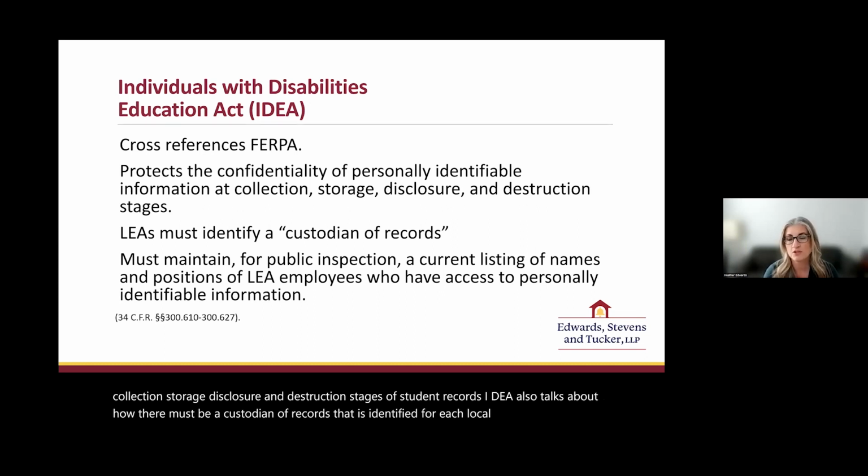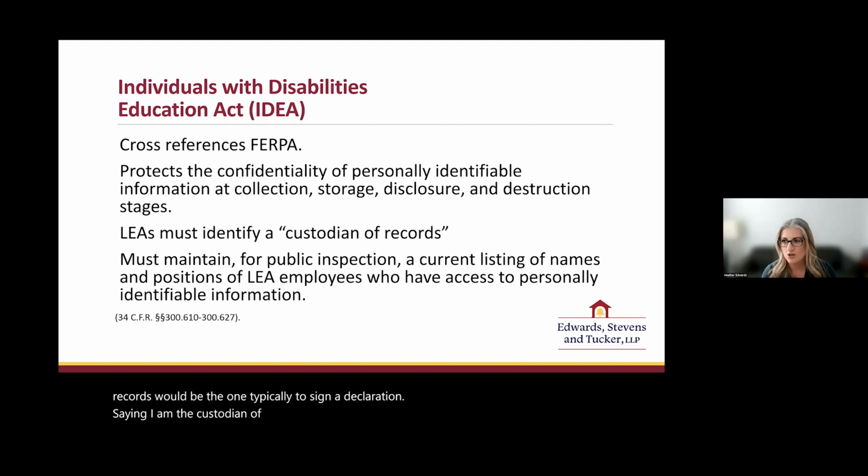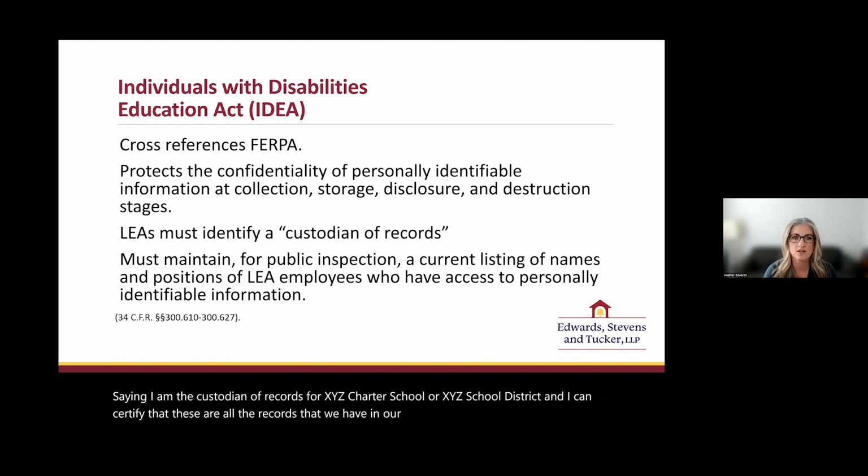That would be the person, for example, if we get a subpoena for records, who would typically sign a declaration saying, I am the custodian of records for XYZ charter school or XYZ school district, and I can certify that these are all the records that we have in our possession, those kinds of things. So you want to make sure that you do have somebody identified in that role at your LEA.